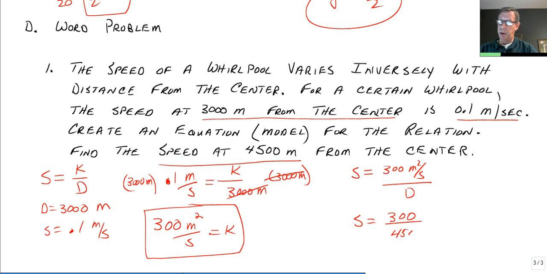That's the x value. So let's cancel some of this out to find the speed. So I have 3 divided by 4,500. So what that would be is the speed is equal to 0.067 meters per second. So I was able to find the speed. That's the last of the problems.